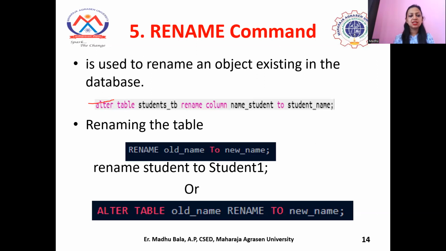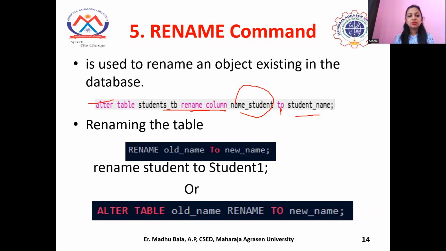This is the syntax that we have already discussed: alter table student, then rename column is the keyword that we need to write, then we specify the old name, then this to, and then the new name that we want to give to our column.